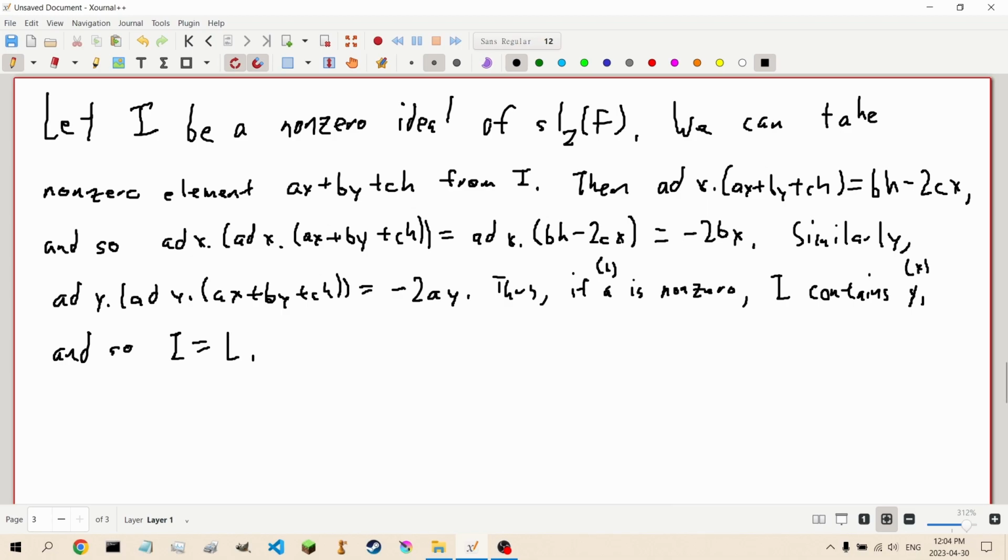If A is non-zero, that means we have an element of X in there, which means from this closure under derivations we can get Y, and then it has to be closed under the bracket again, so the bracket of X and Y gives us H. And similarly, in the other case, if A and B are 0, then we have CH in I, non-zero.